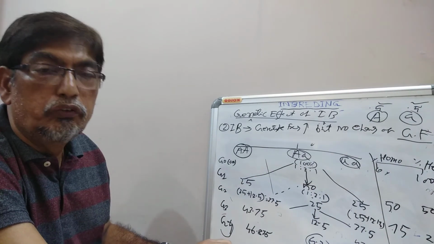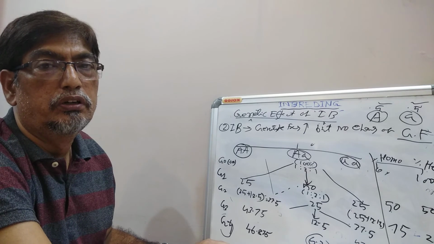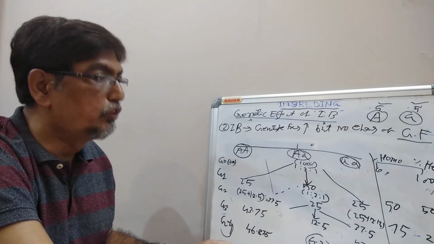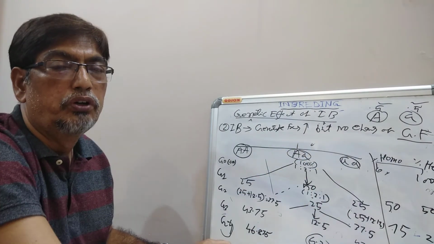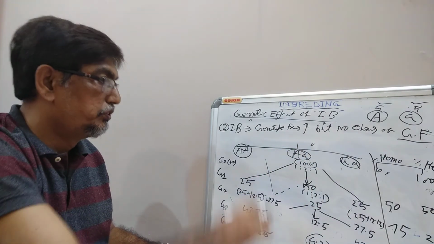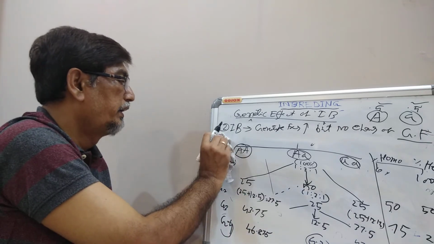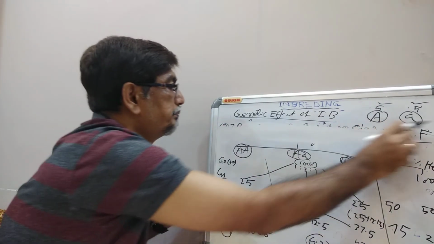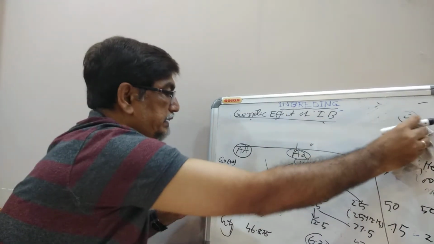So due to inbreeding, there is no change of gene frequency, though the genotype frequency is changed, and they are distinctly divided into different genotypes. So this is another point.